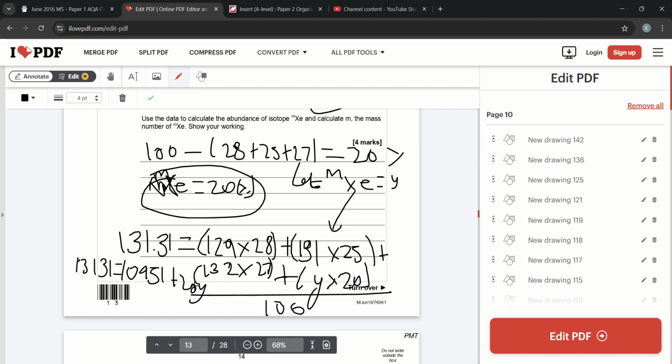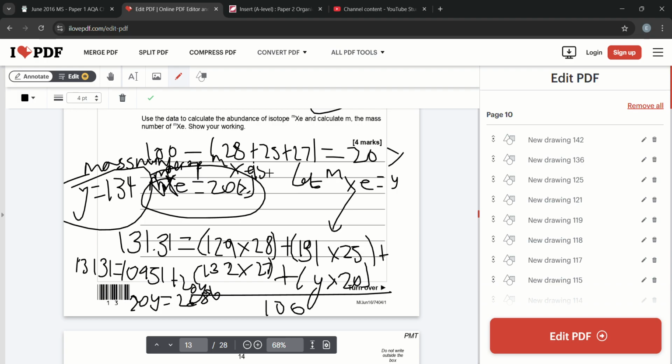I'll get 13131 minus 10451, which gives me 2680, so 20y equals 2680. Then 2680 divided by 20 gives y equal to 134. Hence, the mass number of MXe is 134.